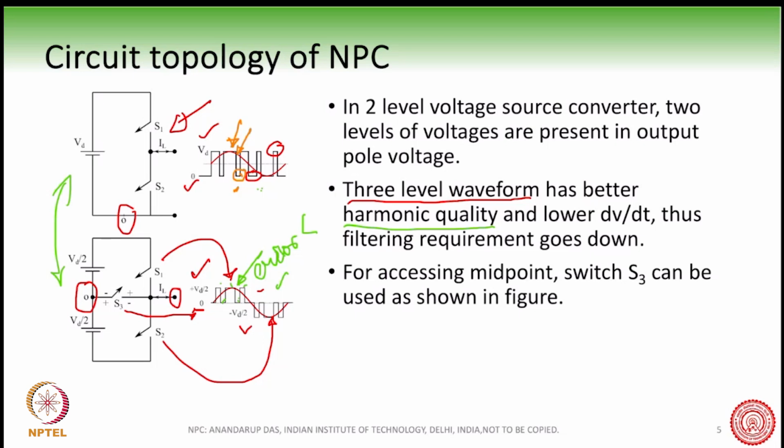Also, one more important point is this is not for grid connected application, but for motor connected application. For lower dVdt, the benefit will be amplified, because here the output voltage dVdt is half as compared to the upper waveform. In the upper waveform, delta V is 0 to Vd, but in the lower waveform, it is only 0 to Vd by 2.